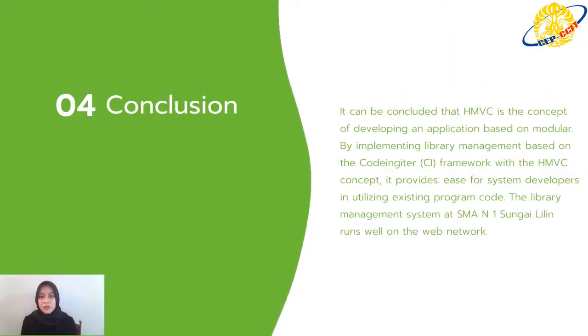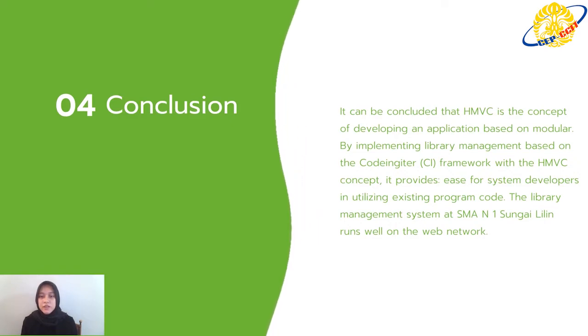And last, conclusion. By reviewing the paper on the topic of implementation of library management using the CodeIgniter or CI framework with the hierarchical model view controller or HMVC technique, created by Ari Muzakir, a student from Bina Dharma University, it can be concluded that HMVC is the concept of developing an application based on modules.